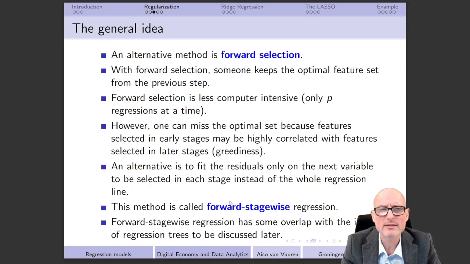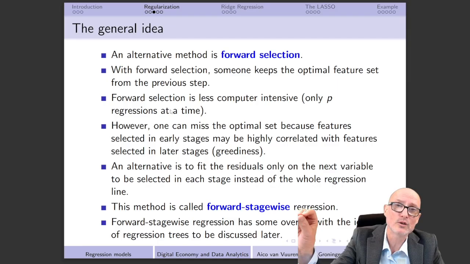So that implies that in this particular situation, you only have to run at most p regressions at a time, and as alpha increases, it becomes less and less. For example, if the number of features is equal to 50, then if alpha is equal to 1, you only have to run 50 regressions.